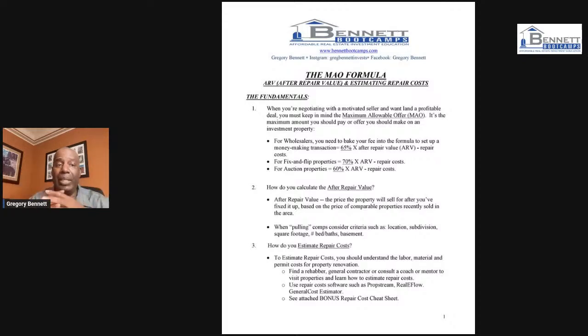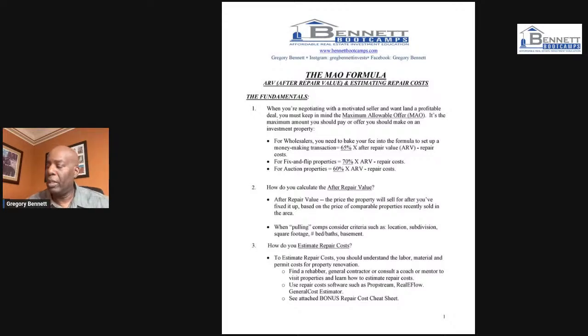And that's basically wholesaling. That's basically how a cash buyer buys the property. Now, 5%, write this down. This is not in the handout. 5% of the after repair value, we're just taking a shortcut here. 5% of the after repair value is generally speaking what your wholesale fee should be.